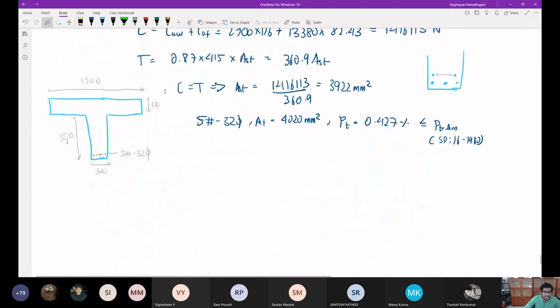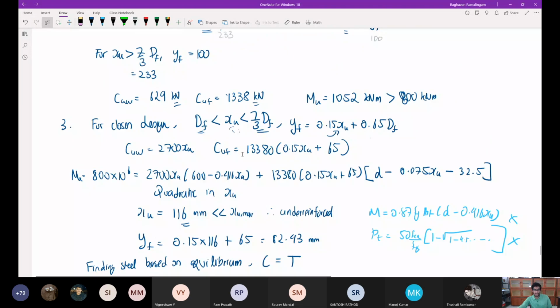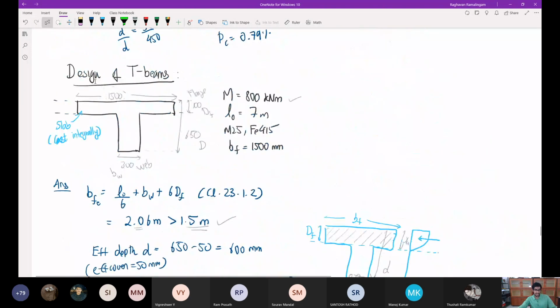Okay. So any design you do, you should always follow it up with a cross-sectional drawing, at least the cross-section to tell what the beam looks like. So this is the flange section.